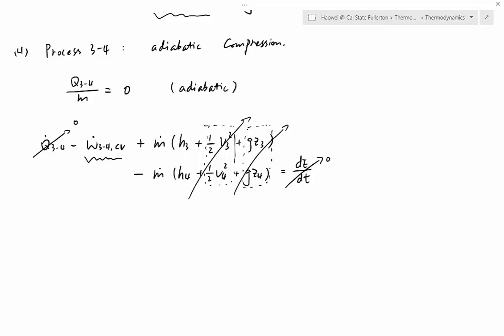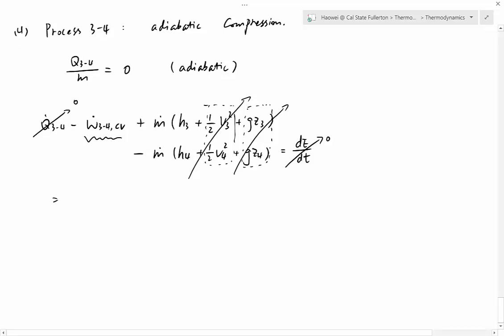Okay, so now we rewrite this equation into this format, W dot 324 control volume work over M dot is equal to H3 minus H4. And remember, we're looking for W324CV over M without the dots on top of them. And they are just exactly the same.